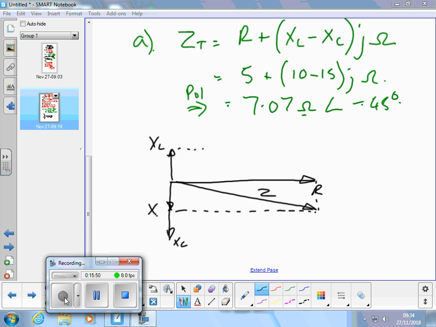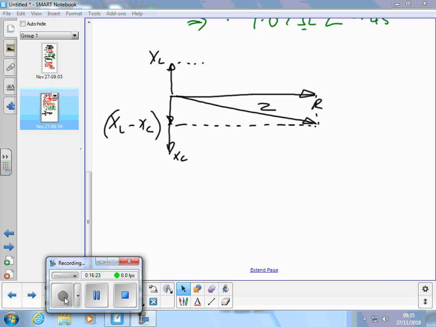It's not to scale because that's nothing like 45 degrees. So that would be what I'd expect for a phasor diagram for that.